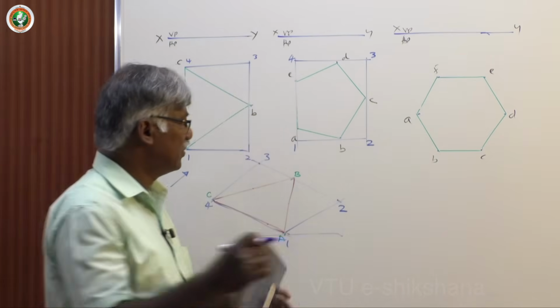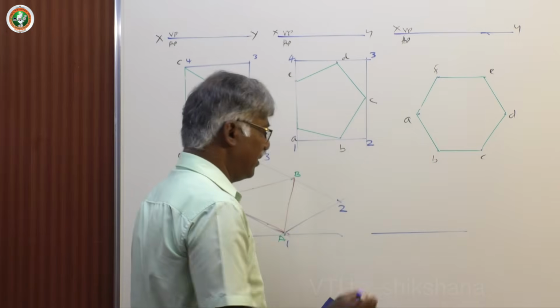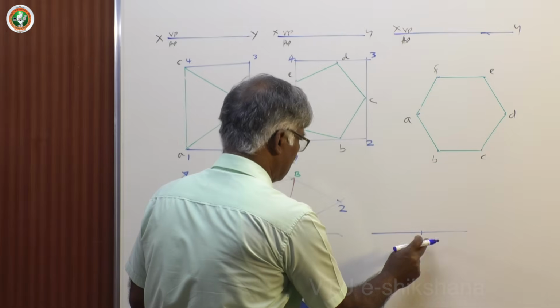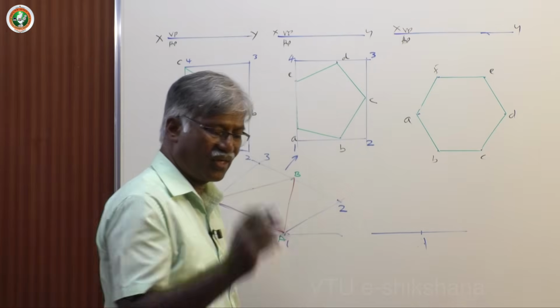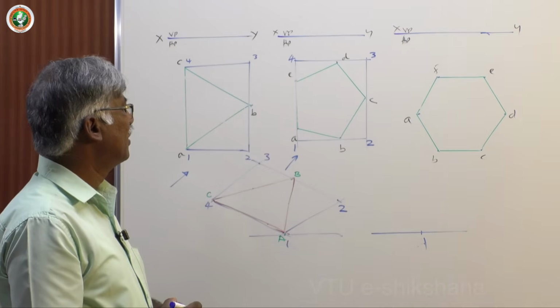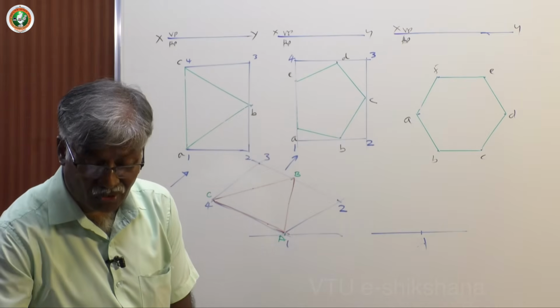Now draw this again. Take the nearest point 1. Yes, I am considering the first rectangle, then only I can incorporate the pentagon. 1 to 4. So you are supposed to keep 1 to 4 first.